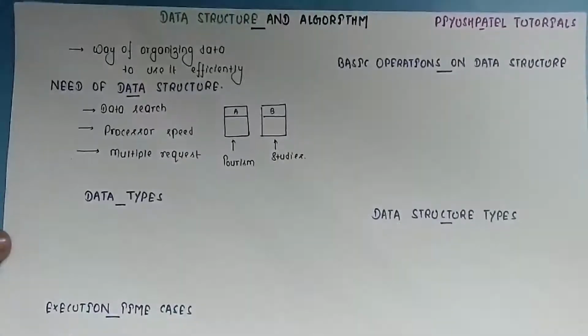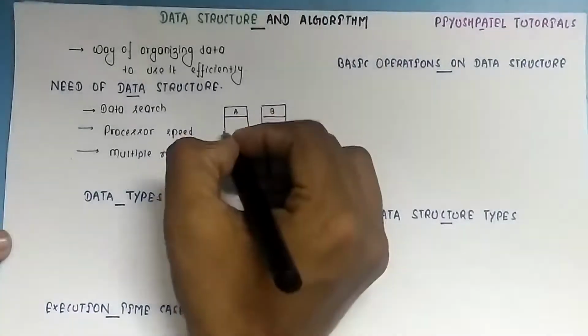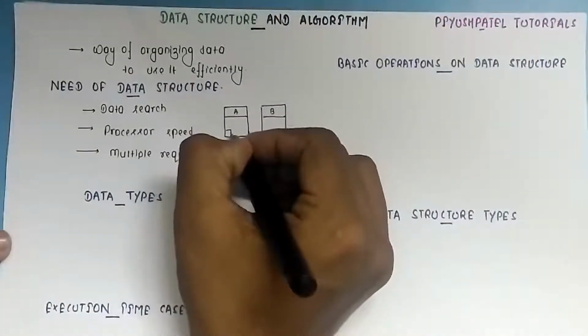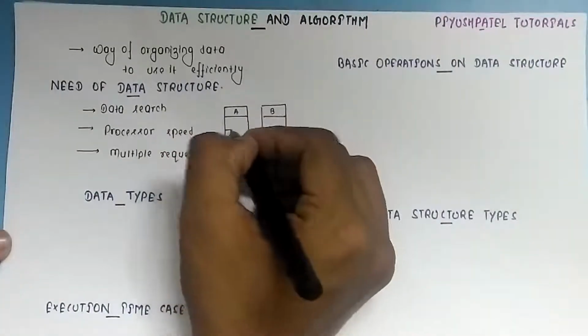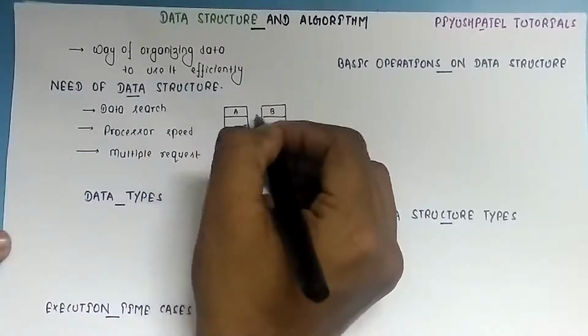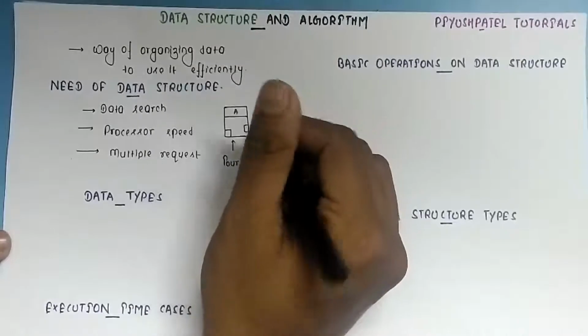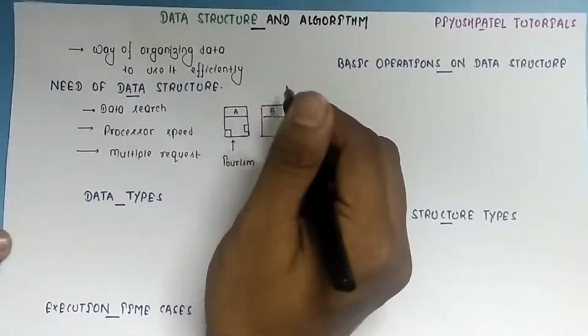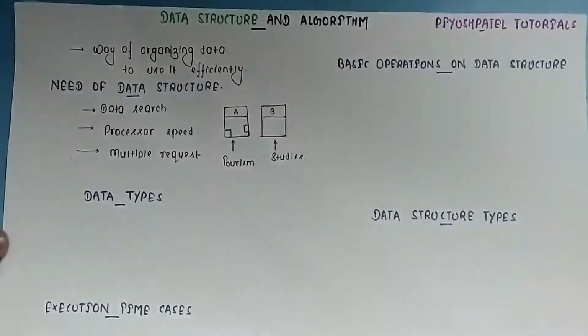So when we get multiple requests, tourism may include information about one place like Agra, and it may have information about Delhi and many other such places. Whenever we get multiple requests, the requests may not be of similar kinds.